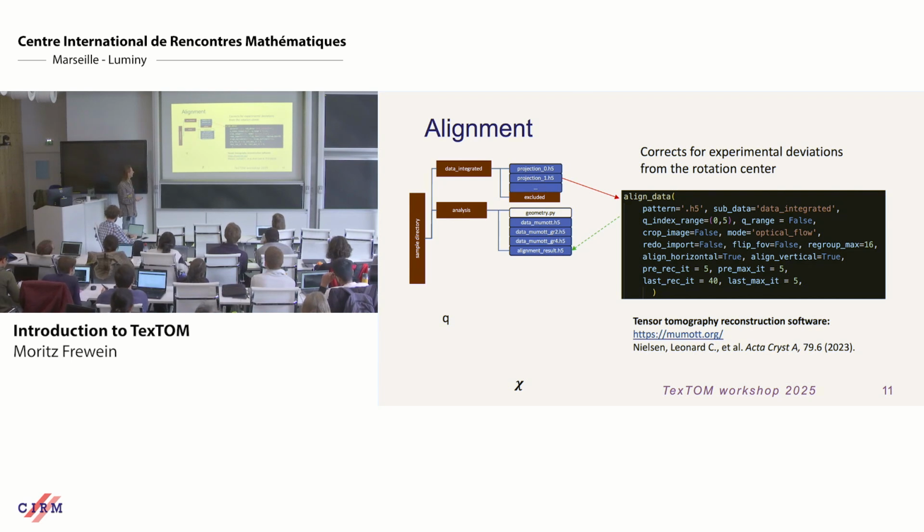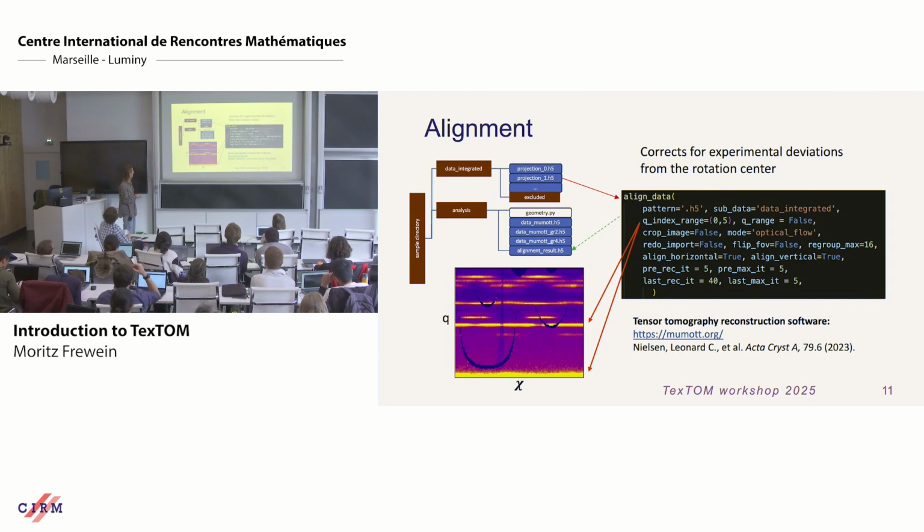What is very important here is that you choose which Q range you want to use for alignment. Basically what you need is as isotropic a part as possible. Often the Sachs region can serve well because it's not changing so much if you change the angle.